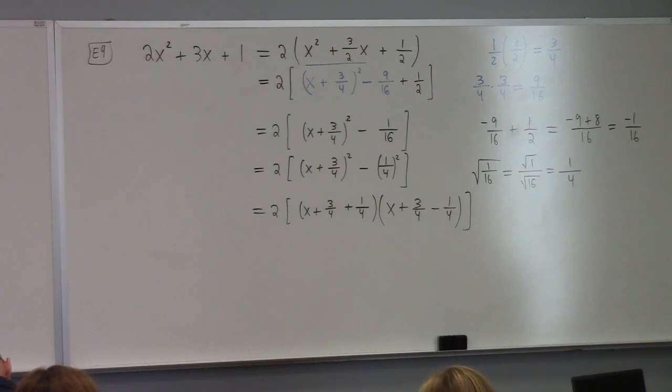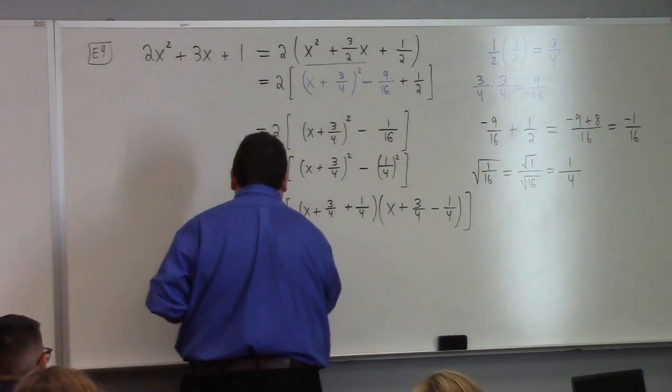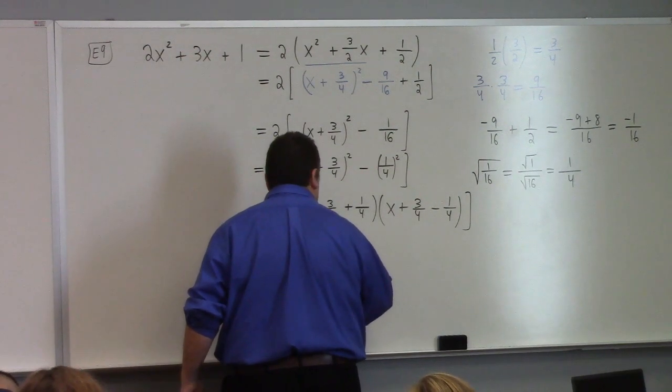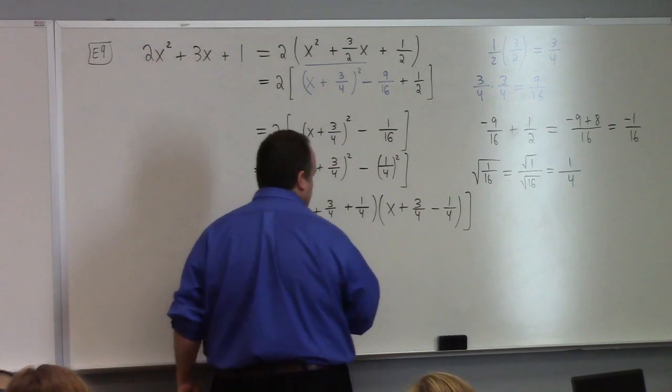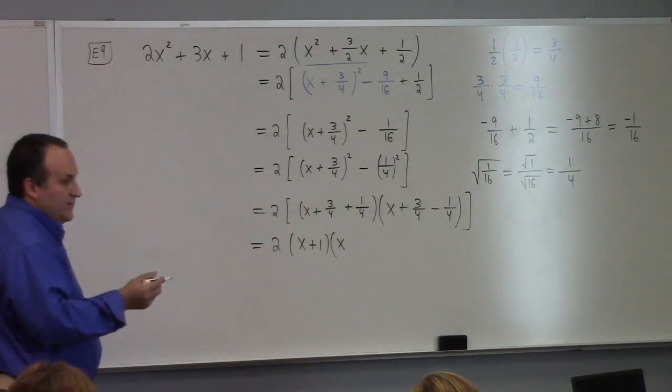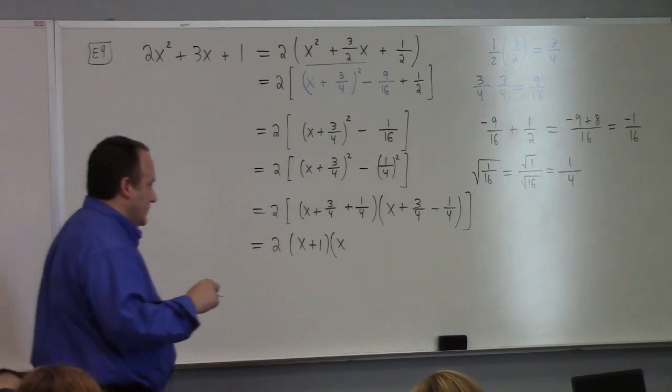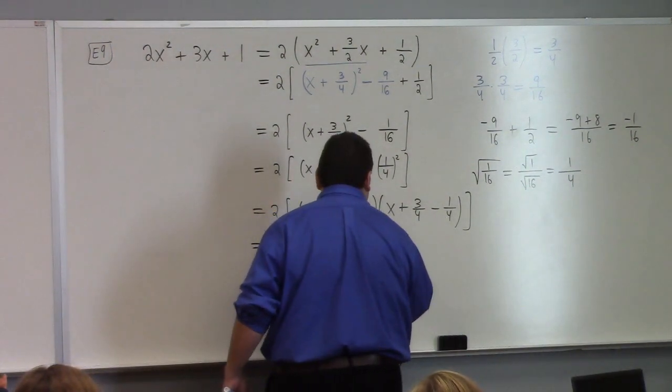And then you can do the arithmetic. What's 3/4 plus 1/4? So you got yourself x plus 1 times x. What's 3/4 minus 1/4? You got yourself 2/4, more popularly known as 1/2, right? So plus 1/2.